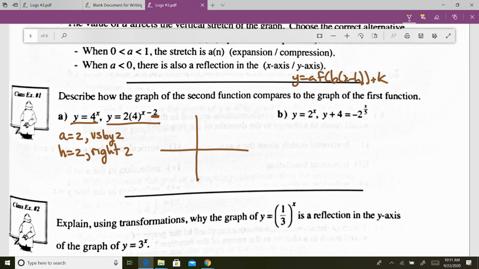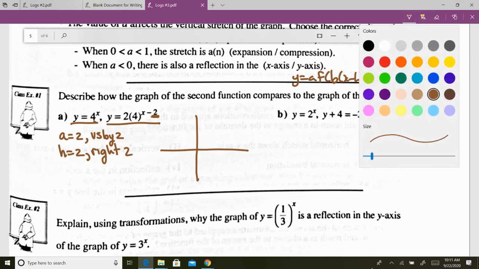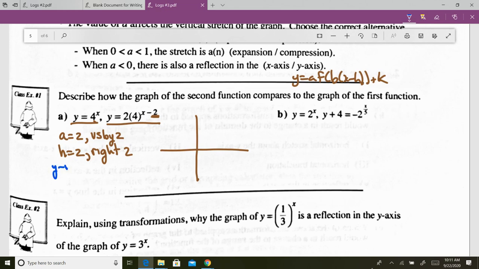Okay? So, first of all, y-intercept. Okay? Now you can't just blindly go 2 because we've moved it. So you got to do a bit of math here. So y-intercept. What's the value of x at the y-intercept? 0. So you plug in 0 into your equation. So I get 2 times 4 to the 0 minus 2. 0 minus 2.